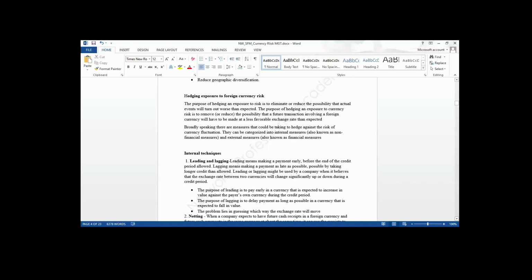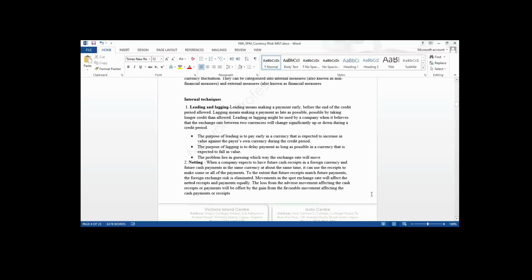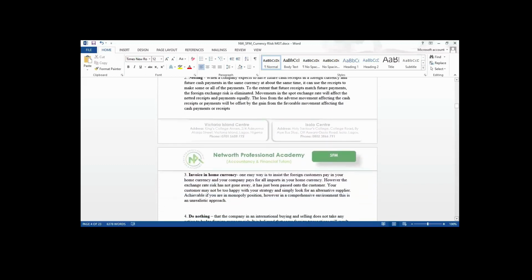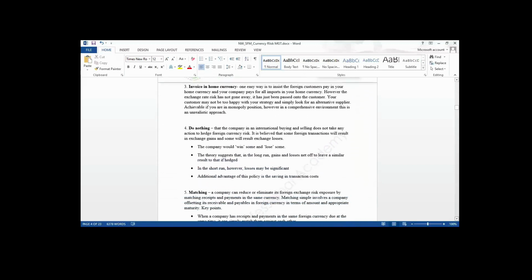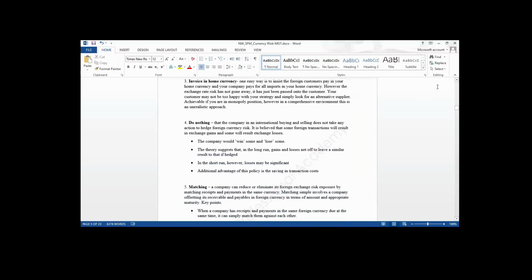Number two, I will explain number two in conjunction with number 4 or number 5. Matching and netting. They are actually closely related.